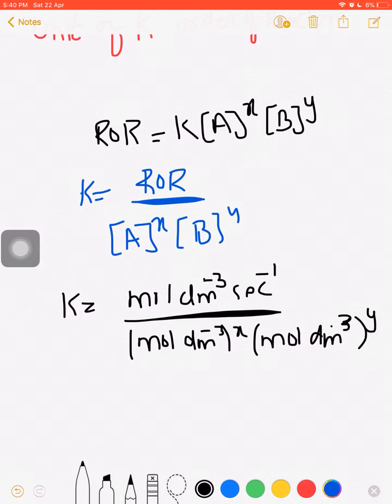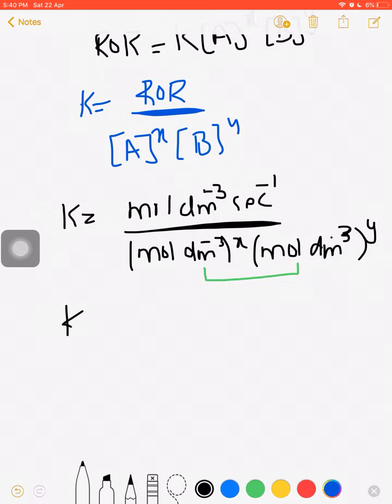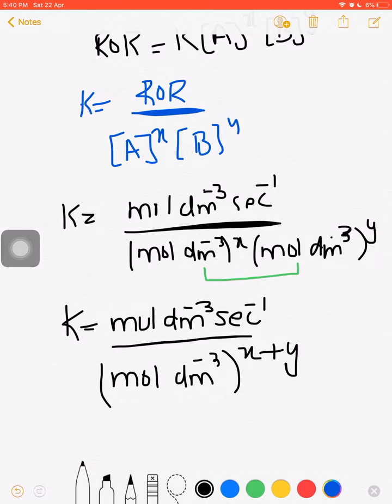Now as we know in mathematics, these bases are the same, so we can write it only once: mole dm cube second inverse upon mole dm cube to the power x plus y, right?